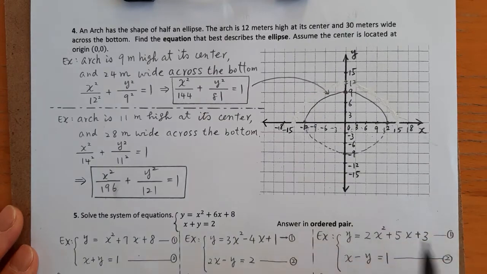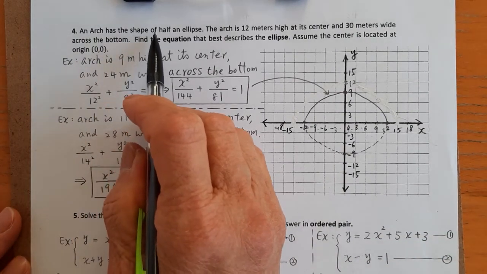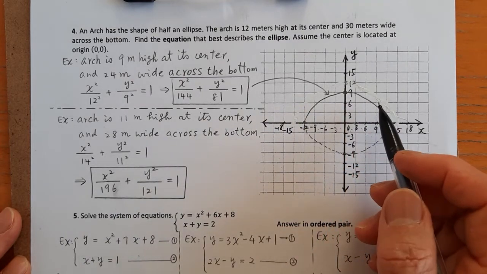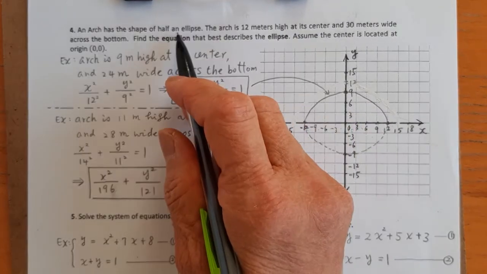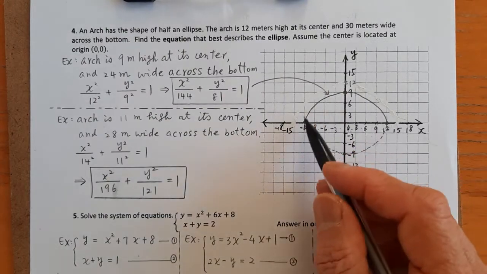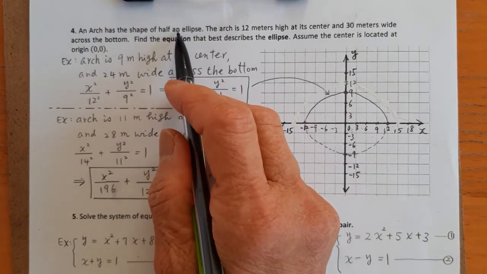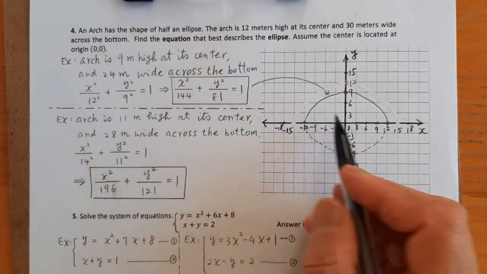An arc has the shape of half an ellipse. This is the shape of an arc. The whole thing is an ellipse, and this is half of an ellipse, the shape of half an ellipse.